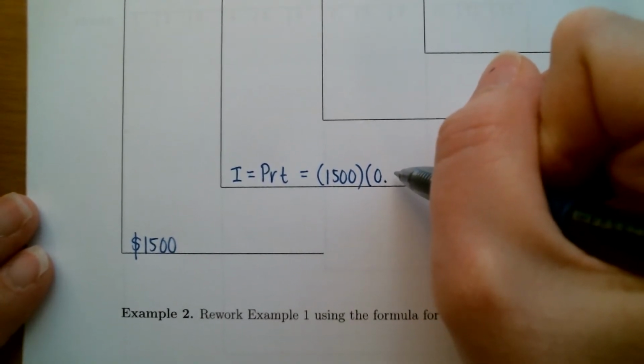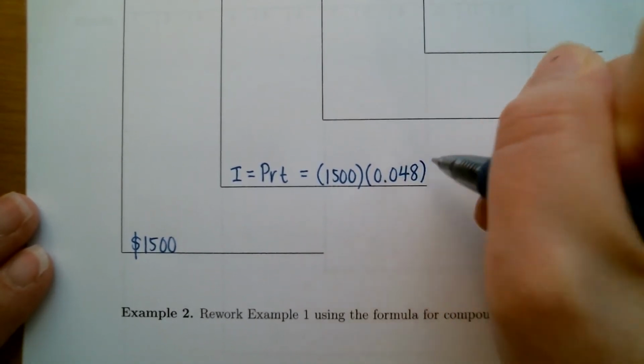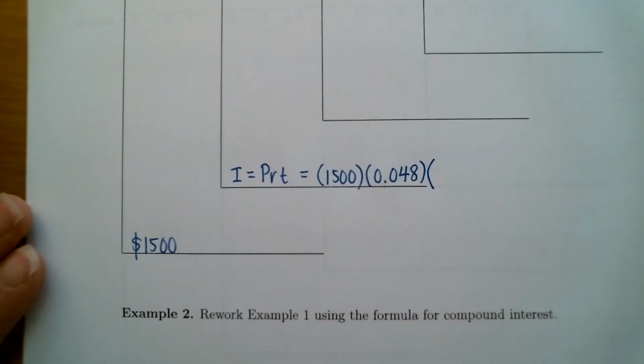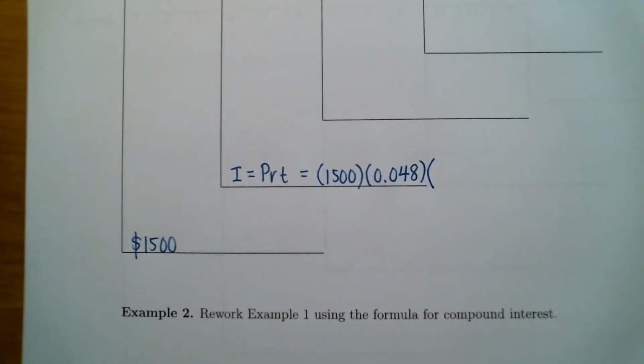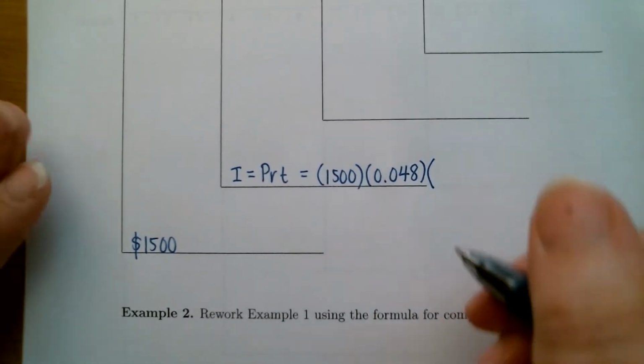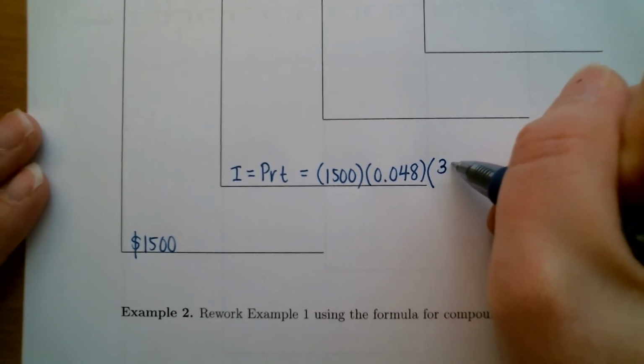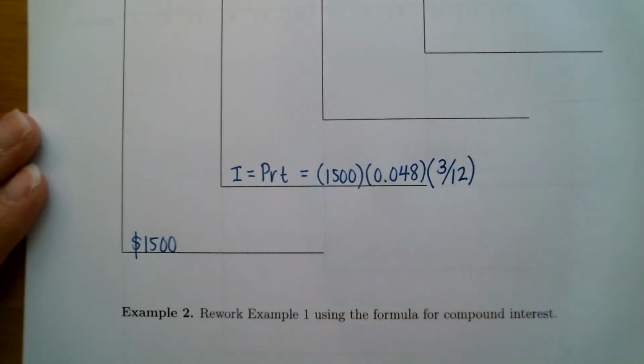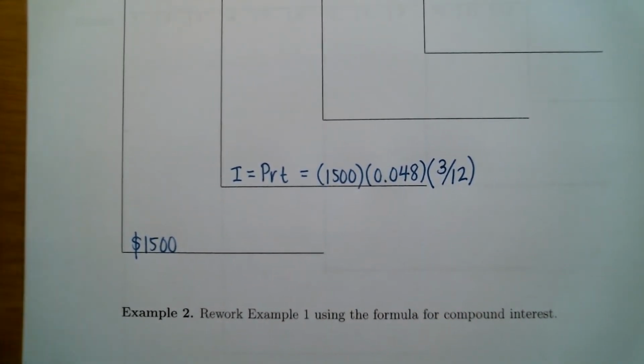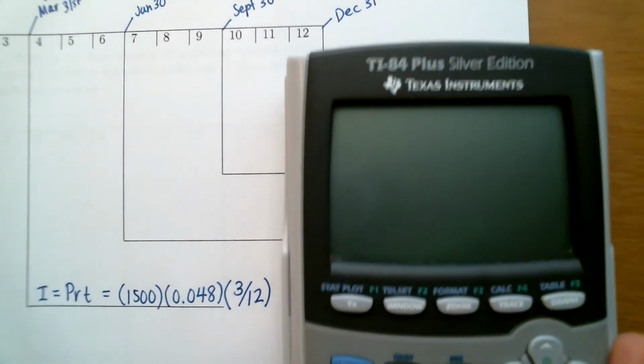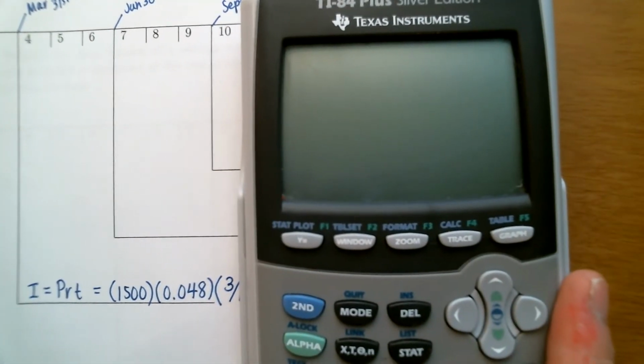So drop the percent sign and move the decimal point 2 places to the left. So it's going to be 0.048. And then the time, the money's been sitting in there January, February, March, so 3 months. So remember you have to use 3 over 12, 3 months out of 12 for the time. If you used just a 3, then that would be 3 years, and that is incorrect. You want it to be 3 months. So put this into the calculator.